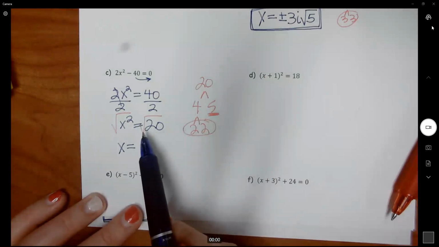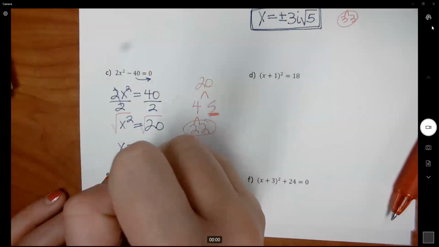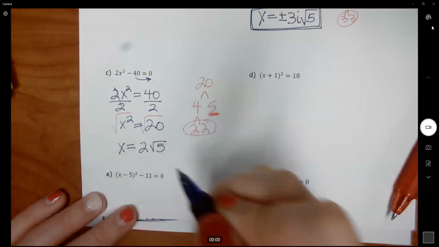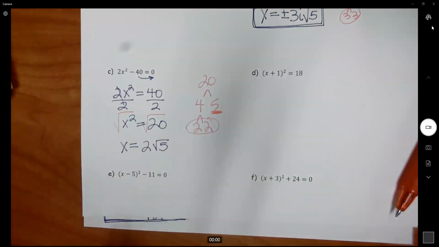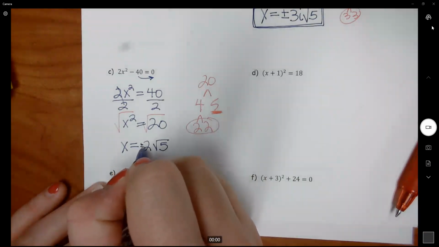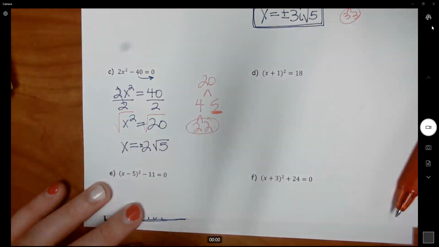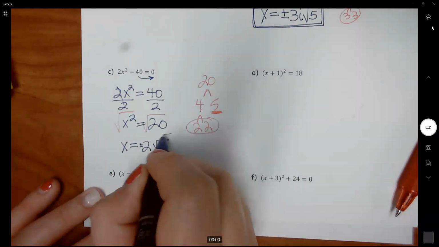This is not negative, so there's not an i with this problem. So this is 2 square root 5. And what did I forget here in my answer? Hopefully you recognize that plus or minus. So my answer is plus or minus 2 square root 5.